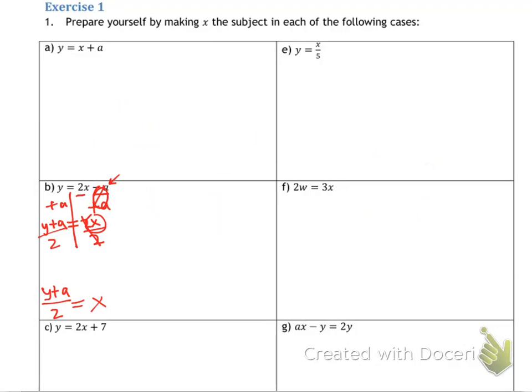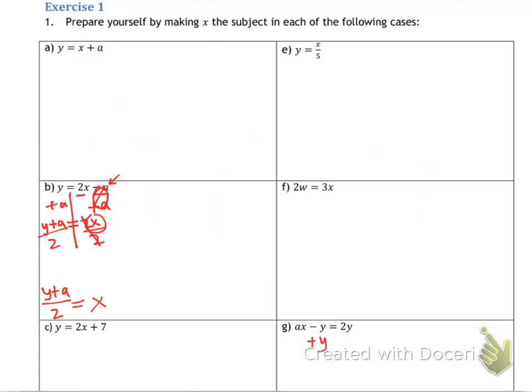All right, let's try another. Let's go down to this one and focus in on it. Again, we're wanting to make x the focus. So we need to move everybody away, and we'll need to do that by undoing. What does that mean? Using inverse operations.